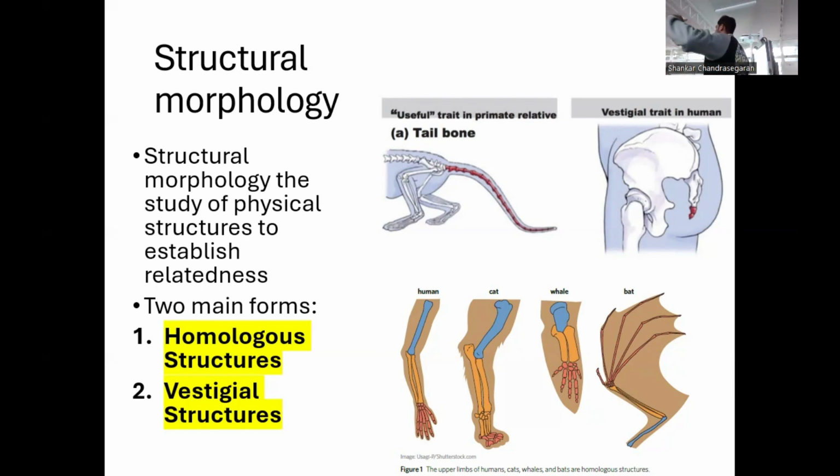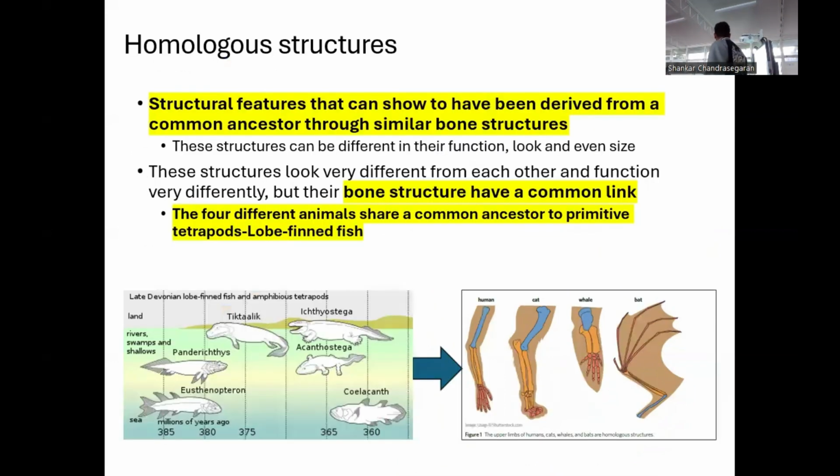So these two structures can be used as evidence to basically link different species as being related with each other, right? Let's look at the first one, which is a homologous structure. This is where basically the structural features can be shown to be derived from a common ancestor through similar bone structures. So this is your perfect example right here, right?